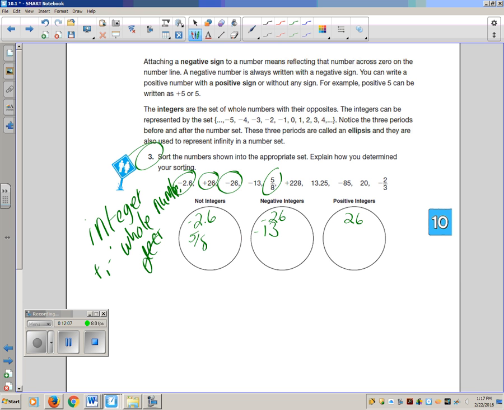It's not an integer. +228 goes over here. 13 and 25/100ths. It's not an integer. -85 goes here. And 20 is positive. -2/3. It's a fraction. Not an integer.